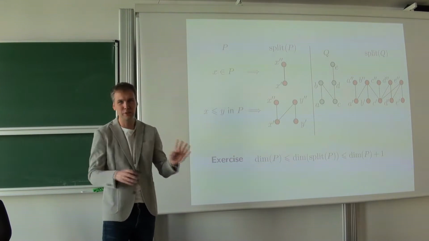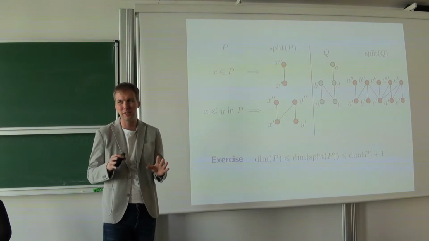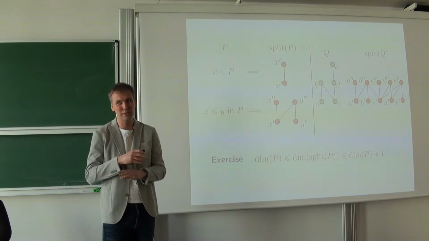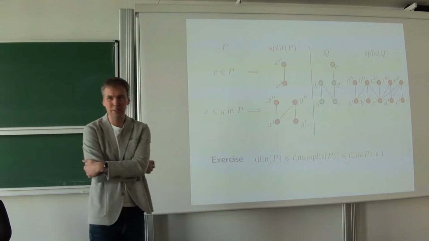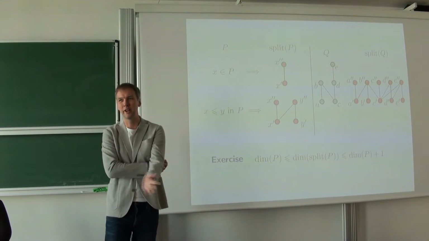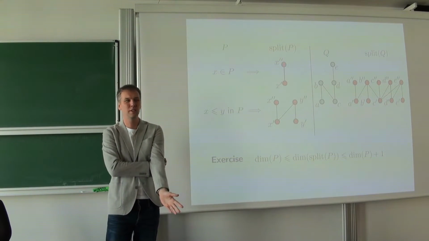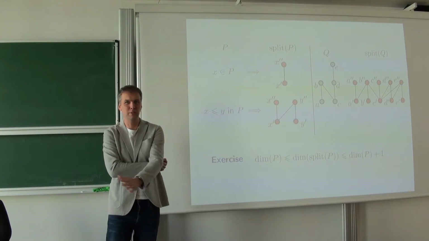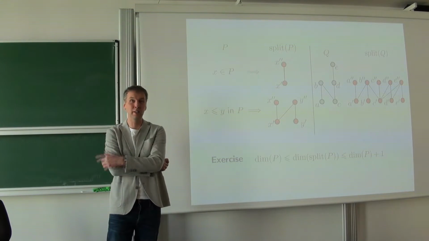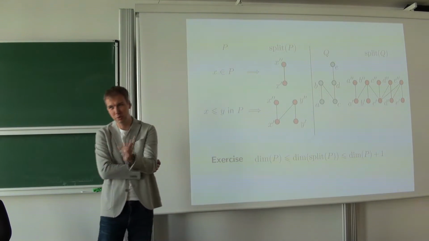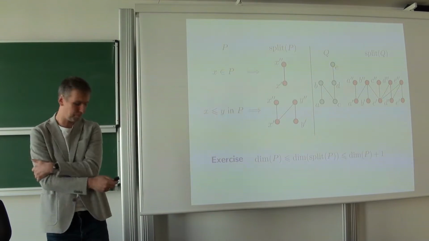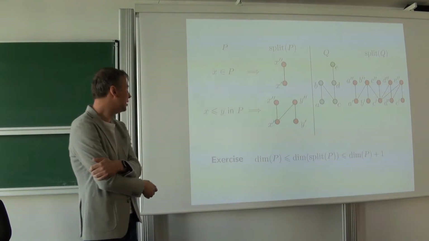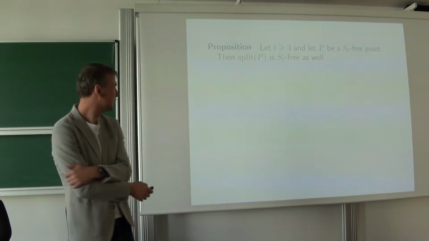It's any kind of notion of planarity, structure, stuff. It disappears. But since in this lecture we don't care, we just look at the dimension itself and the standard example number, which will come in the next slide. We are happy with this. So that's the split of a poset.